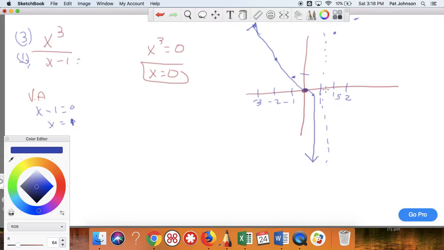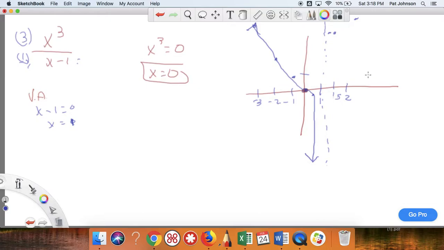So let me just type in 1.5. And if I punch in 1.25 in my calculator, or put 1.25 in the function, I'm going to get y is 7.5. So remember, at 1.5, y was 6.75.